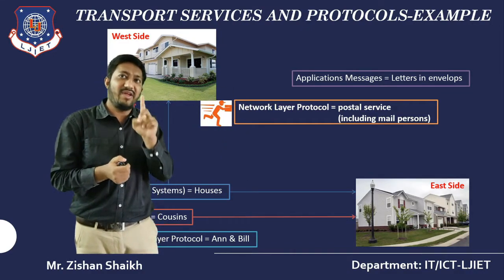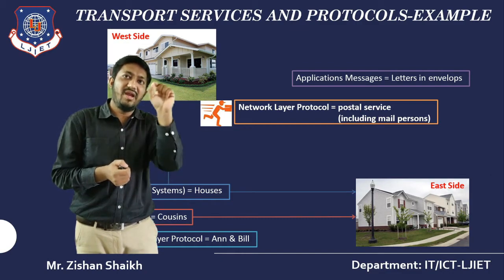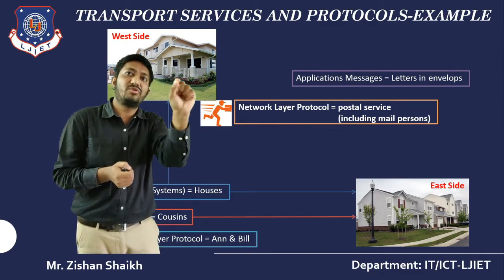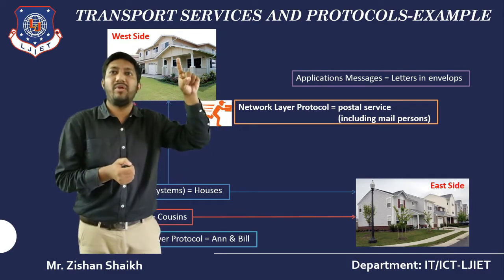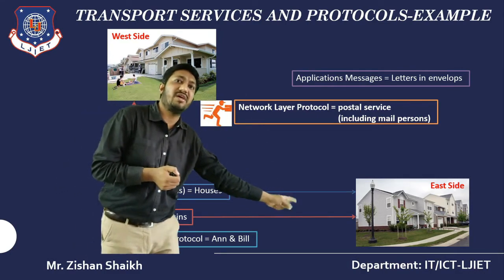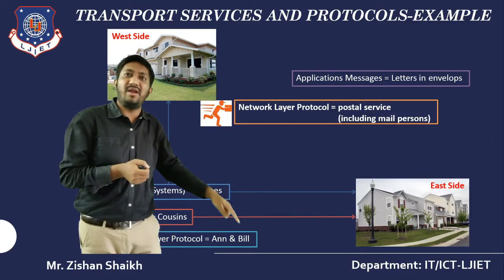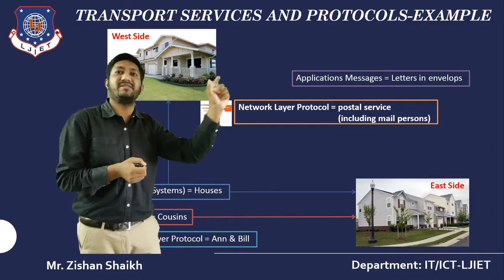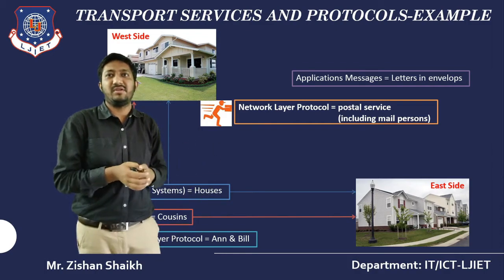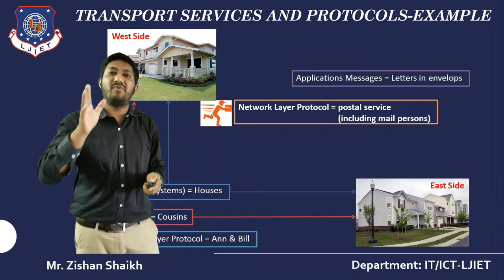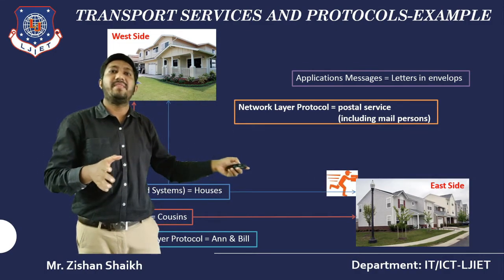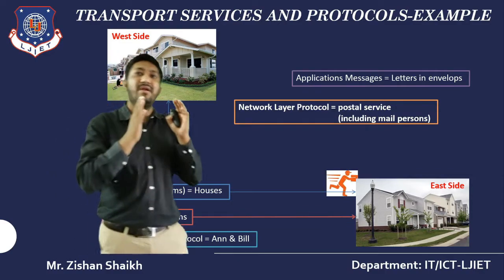So that is the difference. The network layer only knows source to destination, that is, the west side house and the east side house, and it creates one logical link to transfer the data. That is our postal service. So when we are sending data from one end to another end, that is supported by our network layer.